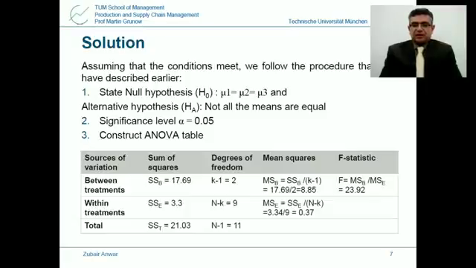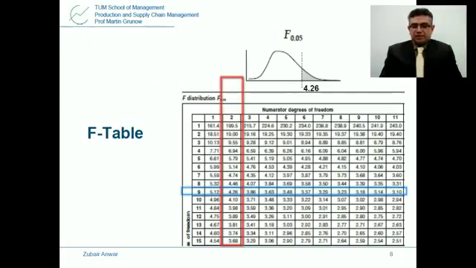Now we can look at the F table, which is indexed by the degrees of freedom associated with the numerator and denominator. In this case, the numerator MSB has 2 degrees of freedom and the denominator MSE has 9 degrees of freedom. From the table for a significance level of 0.05, we find the F critical value at the second column shown by a red rectangle in this slide, and the 9th row shown by a blue rectangle.